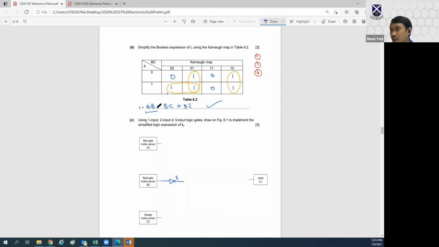So the first group is an AND gate. Here, this is my A, and B complement. So this is my A and B complement.